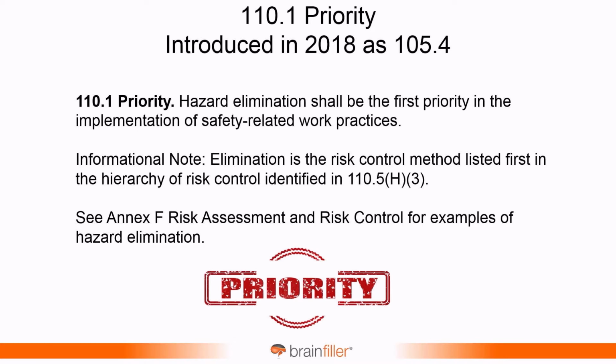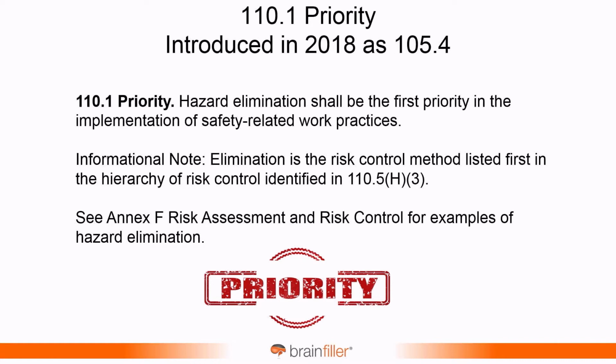Well, the priority. This goes back to the question that I asked you when we got started. What's the single most important aspect of electrical safety? Eliminating the hazard. Because of that, this is the single most important priority throughout all this. Eliminate the hazard, so much so that it was moved to 110.1, the first thing that you're going to see.